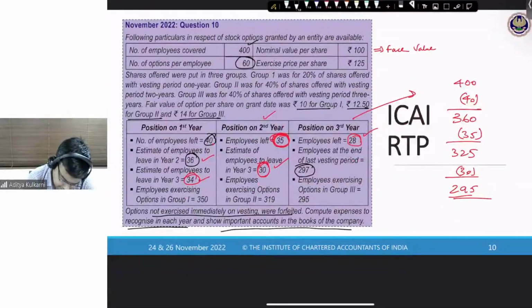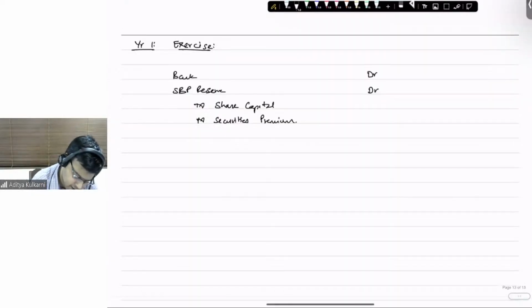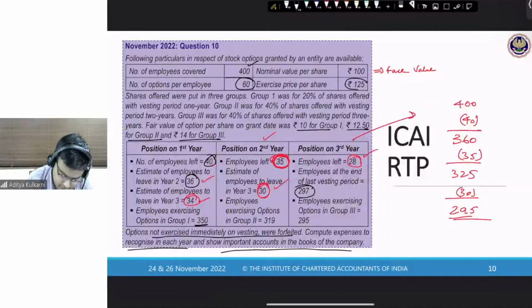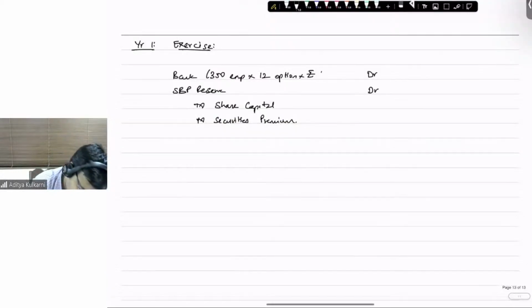How many employees have exercised the options? Sir, 350 have exercised the options. So this is going to be 350 employees into 12 options into the exercise price of rupees 125.